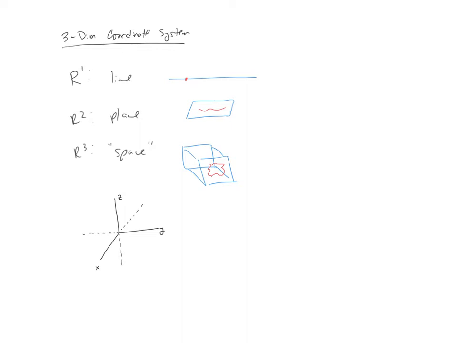But regardless, when it comes to plotting points in R3, let's say we want to plot the point (2, 3, 4). Now, we won't be doing this a lot, but I want you to see how it works. So this would be our X, this would be our Y, this would be our Z. So we want to go 2 units in the positive X direction.